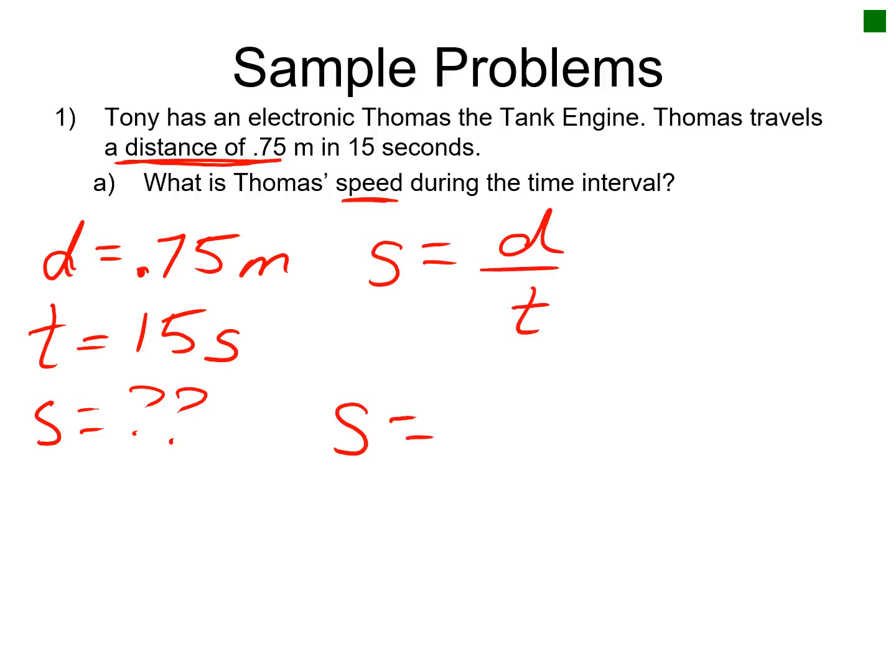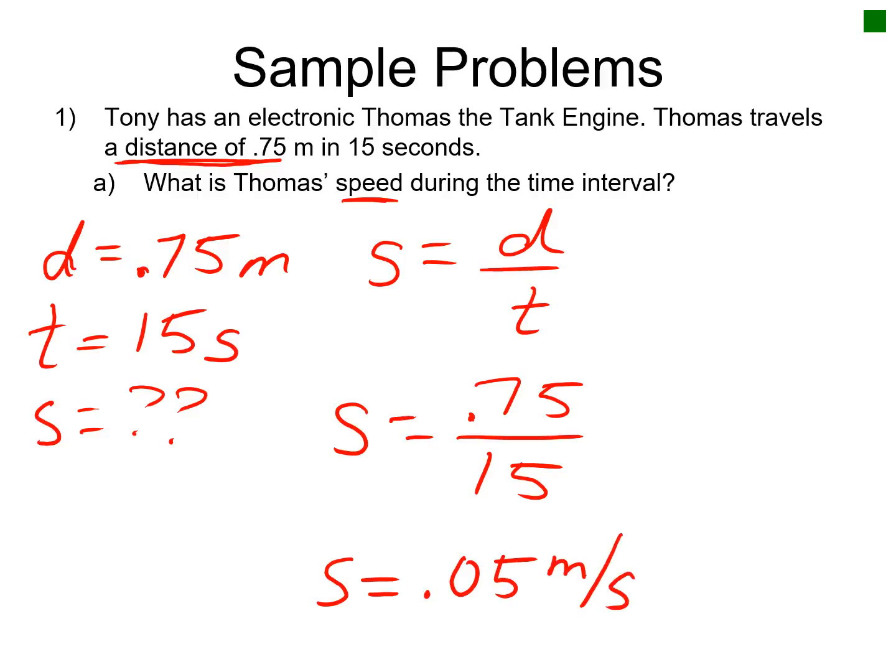So s equals 0.75 divided by 15. So we're going to get that the speed is equal to 0.05 meters per second. Okay, the meters come from the unit for distance, and then the seconds come from the unit of time. All right, pretty straightforward. That's a plug and chug.